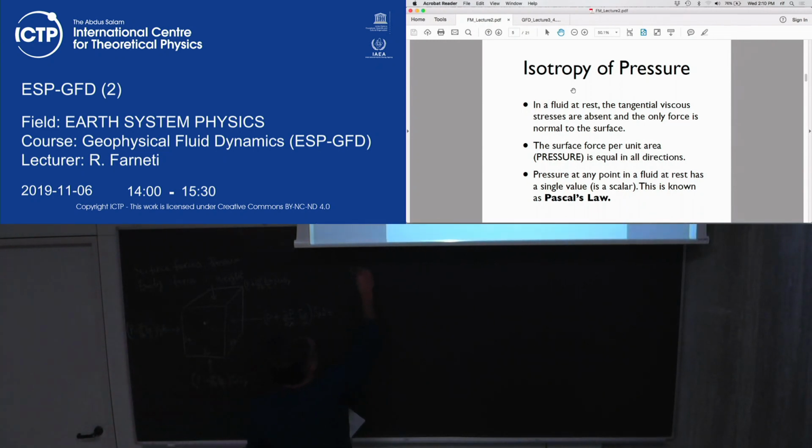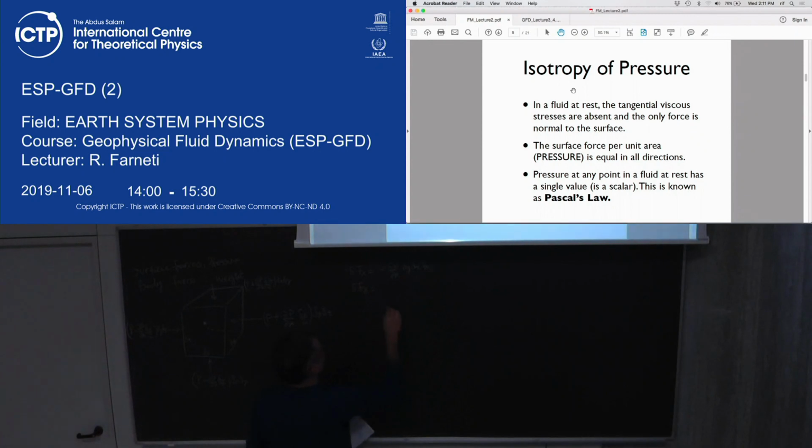So the sum of all the forces in the x direction will be equal to 0. So you do the sum of the two, and what is left is minus dp by dx dy dz dx.